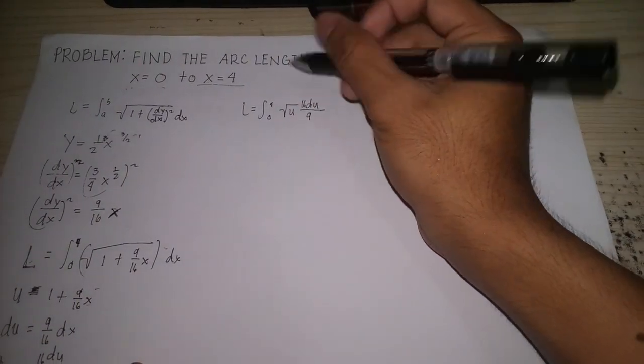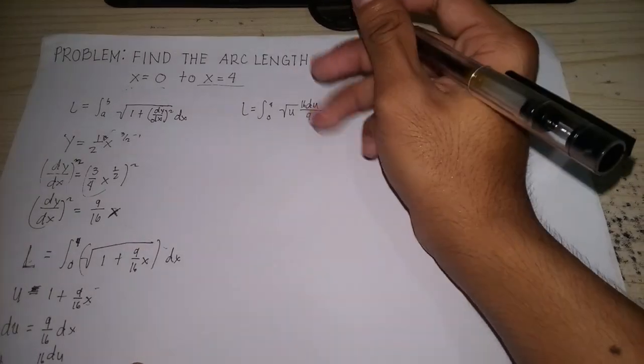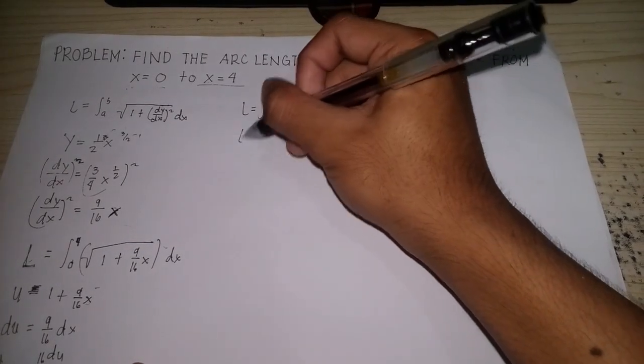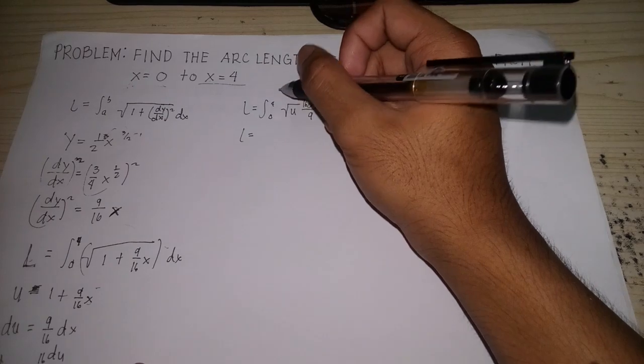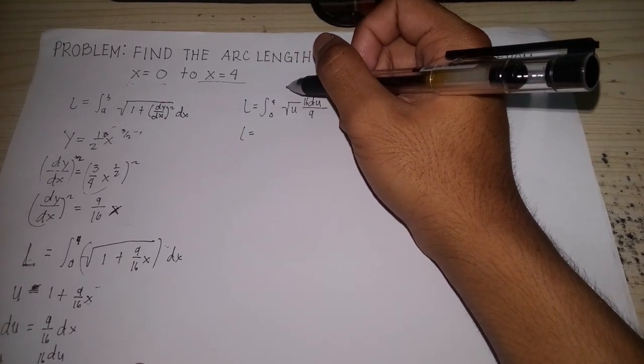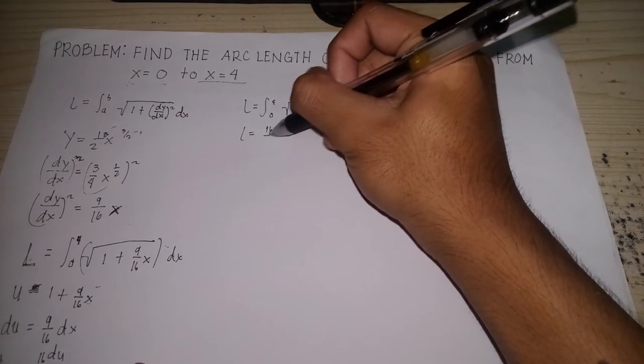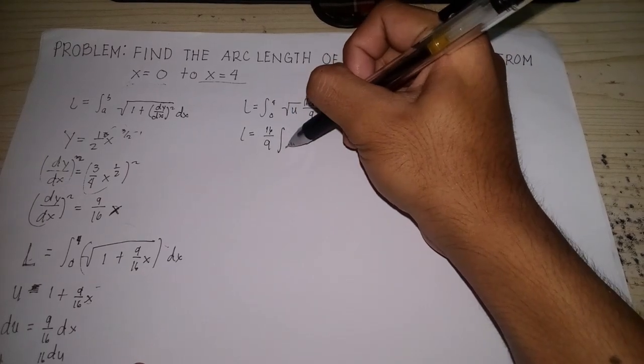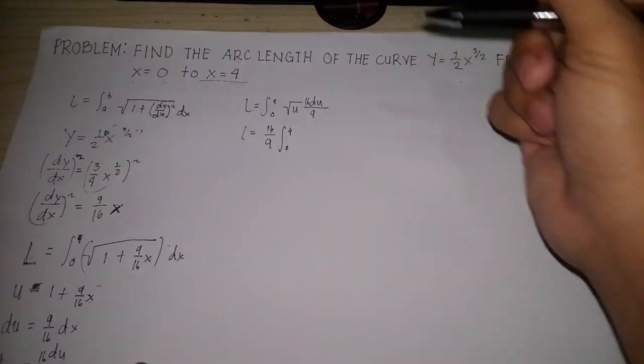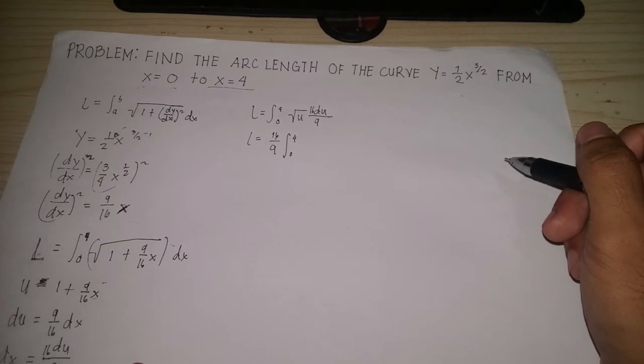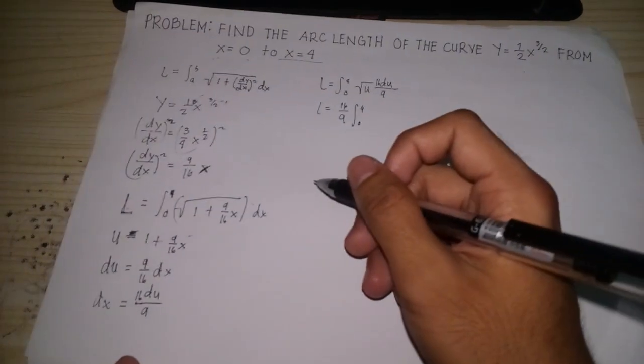So we move 16/9 to the outside, so this will now become 16/9 times the integral. But no, we forgot something.